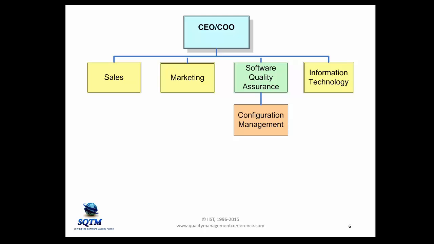So it should report to the CEO or COO of the organization. The first thing as part of this organization is configuration management. That is a quality function, which a lot of people don't think of as an SQA function.